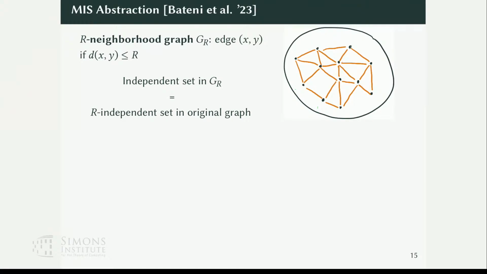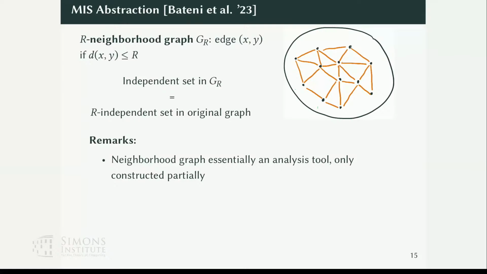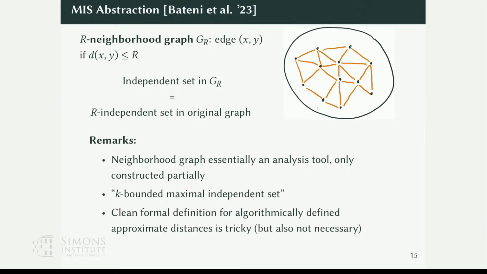Now I'm asking a very basic question about the total recourse of maximal independent set, which is a well-studied problem in dynamic algorithms. One thing here: I'm not constructing this neighborhood graph in the algorithm, it's more of an analysis tool. All that I really do is compute k-bounded maximal independent sets on this neighborhood graph, and for doing that, I partially construct it, but only to the extent that is necessary.